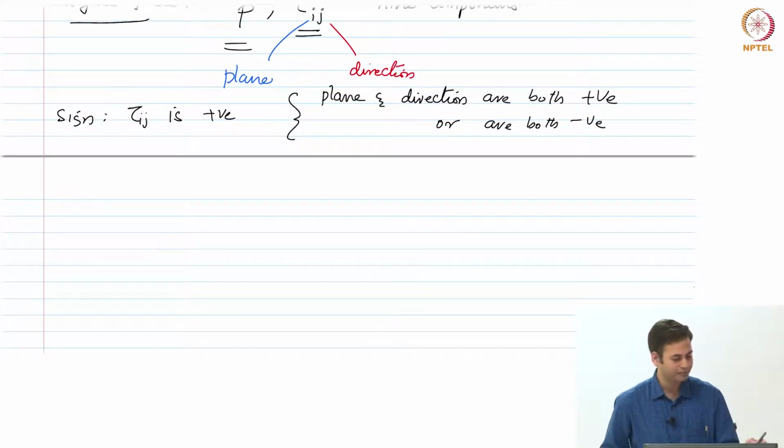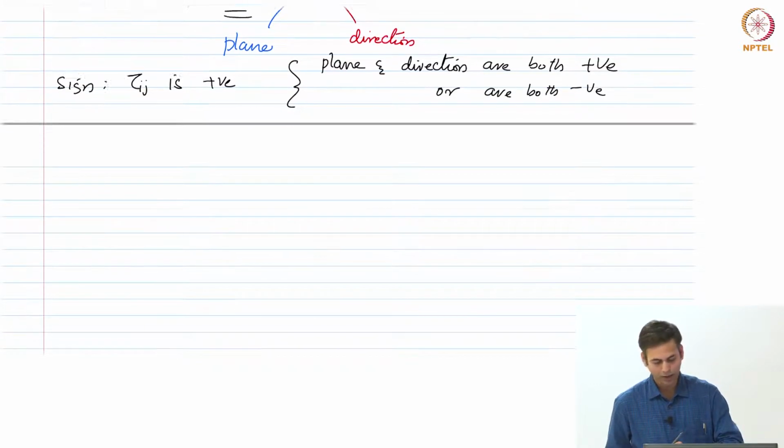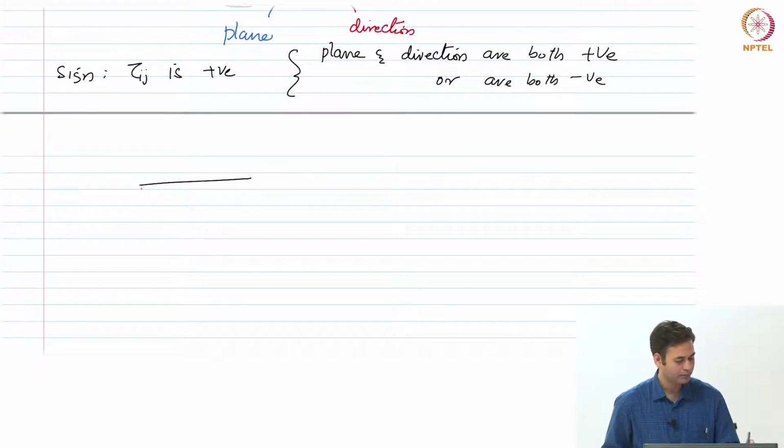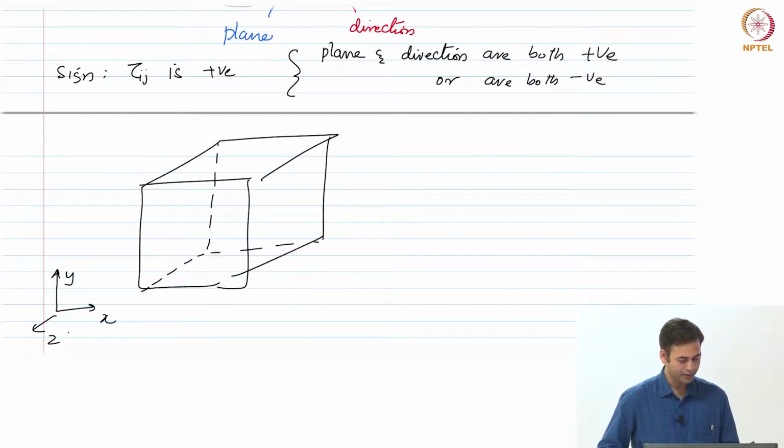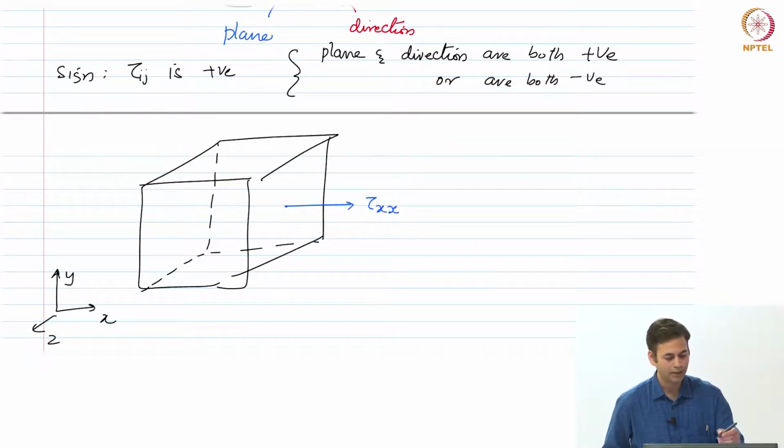So, let me consider a fluid element, okay. We would first represent the stresses that we have. So, we have x, y, z, okay. Let me first represent the normal stresses. So, this is tau xx. It is acting on, let us say, the x plane.